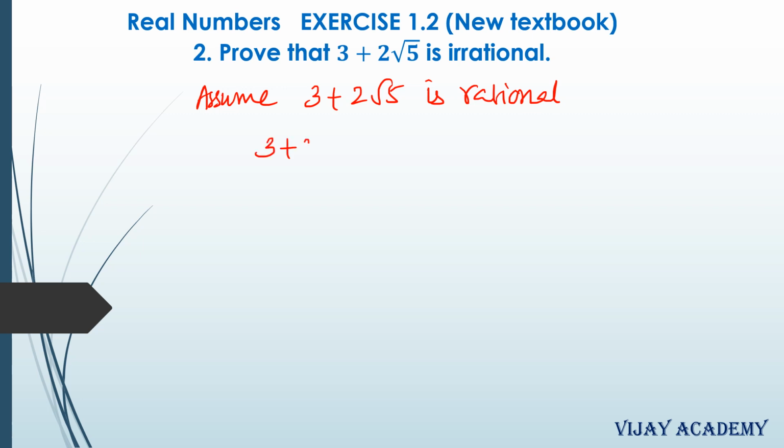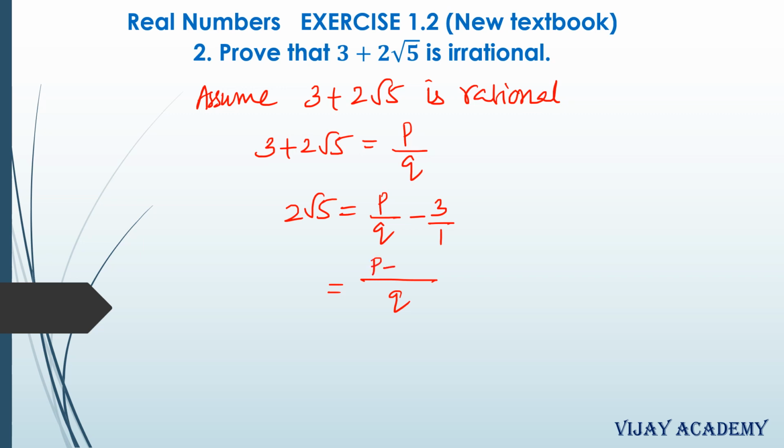So 3 plus 2 root 5 equals p by q, and transposing 3 to the RHS, we get 2 root 5 equals p by q minus 3. Take the LCM of q and 1, we get q as the common denominator, and the numerator is p minus 3q, which equals 2 root 5.